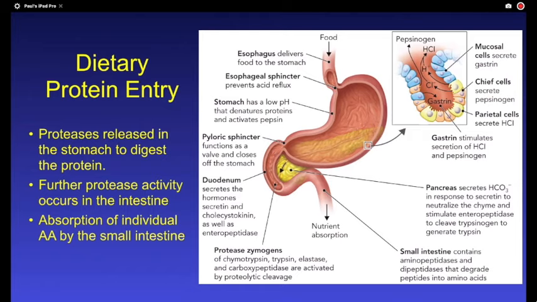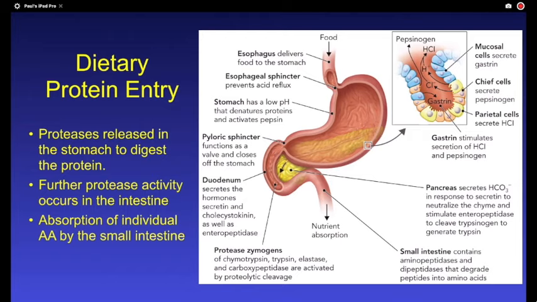In terms of dietary protein, at dinner time, at lunchtime, at breakfast time, when you eat, you get a large influx. We take care of it then. And then there are times in which you're not eating, and so this is not active. And so you start the digestive process by eating and chewing your food.